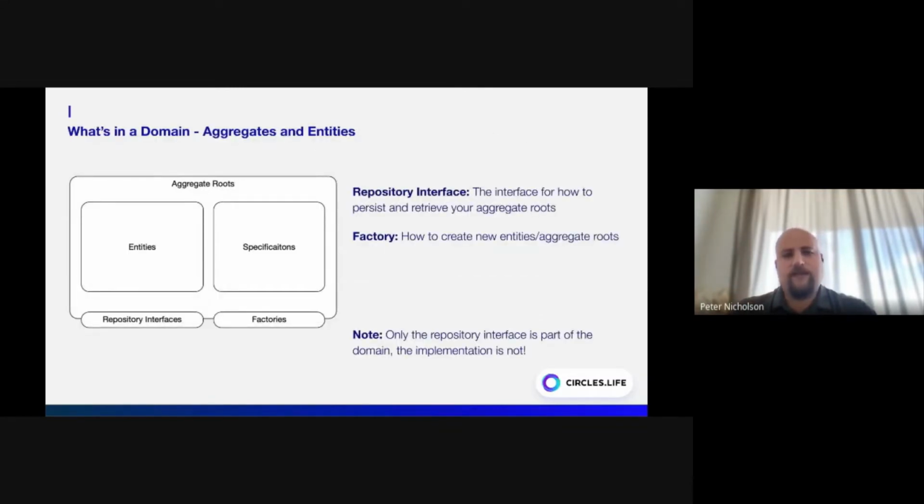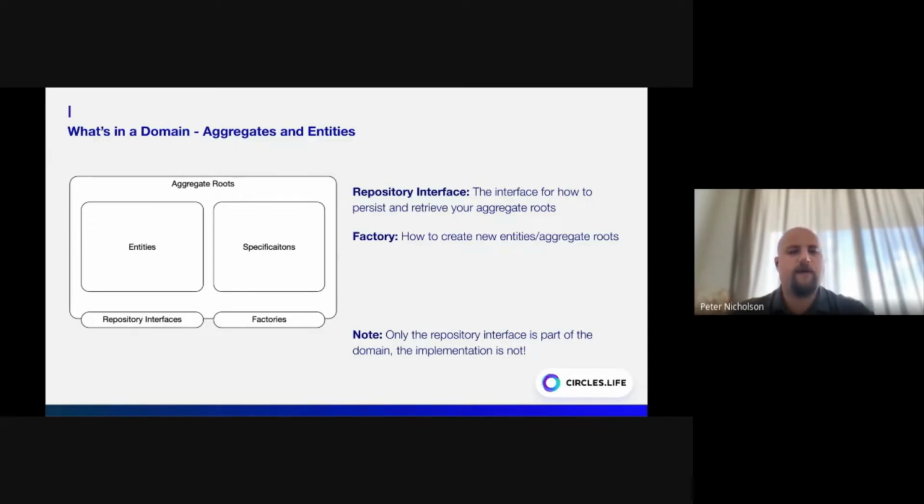We want to continue down this aggregate and entities aspect of the domain. We have the repository interfaces and the factories. One of the most confusing aspects, which takes people a while to wrap their head around, is that your repository interface is how you're going to retrieve already created entities, most likely from a database.